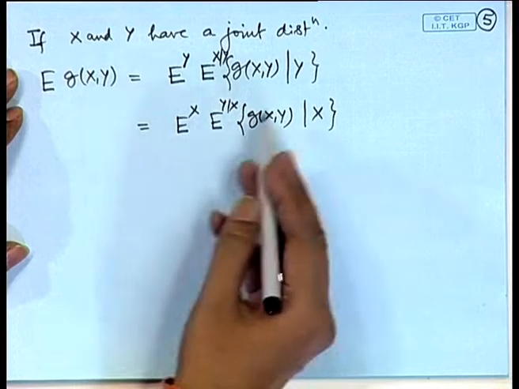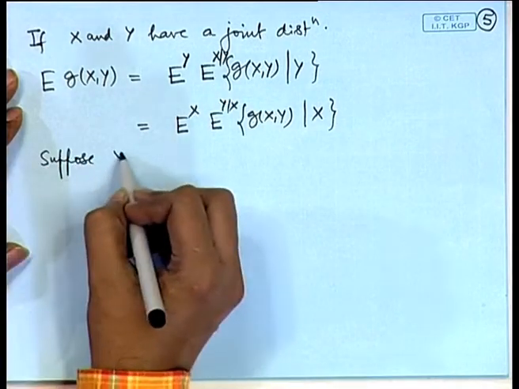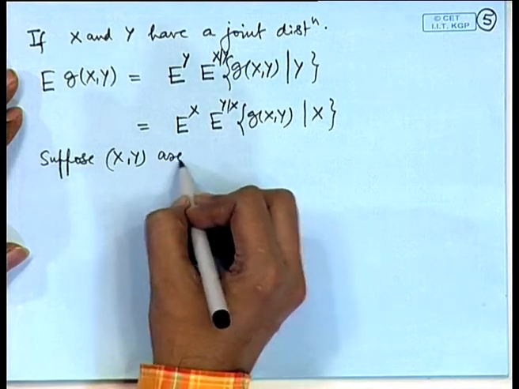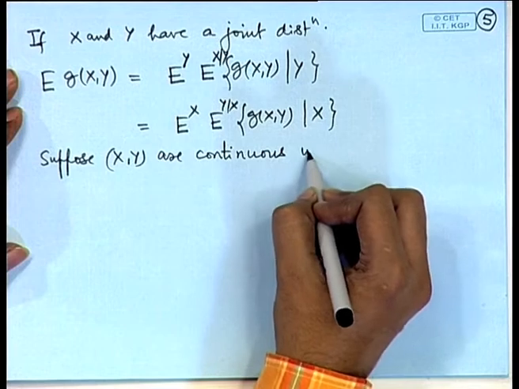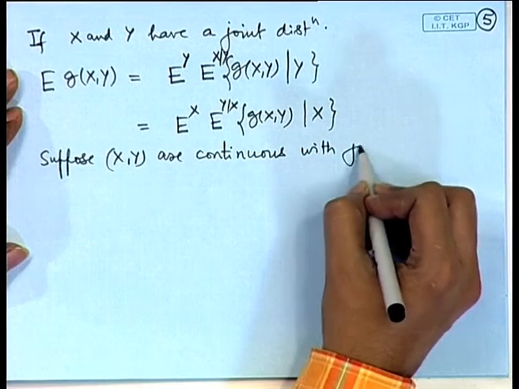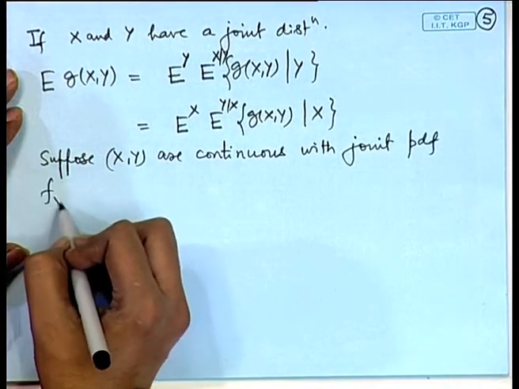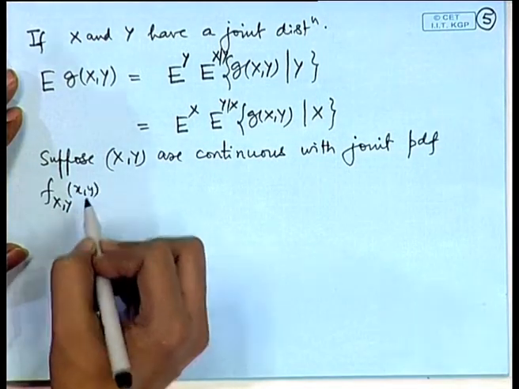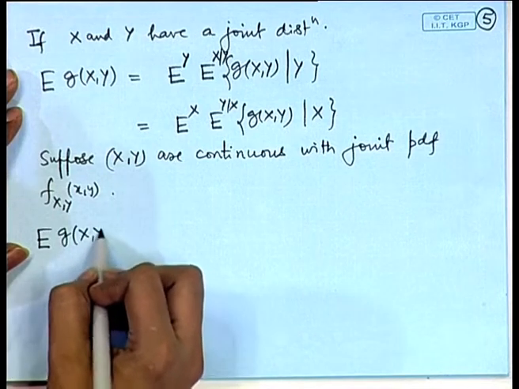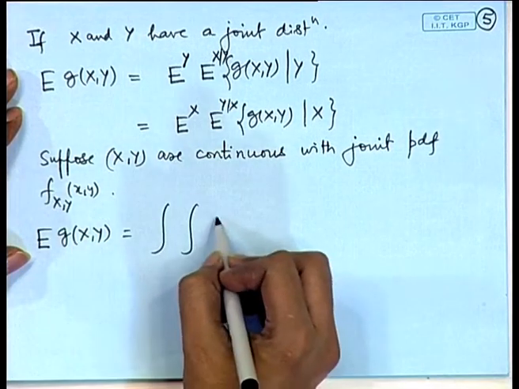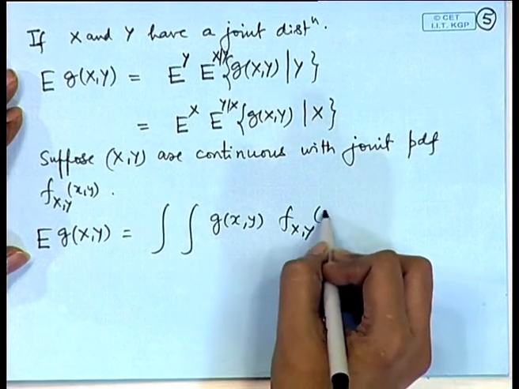Let me give a rough sketch of the proof. Suppose x and y are continuous with joint PDF, say f x y. So, expectation of g x y we can express as integral of g x y f x y dx dy.